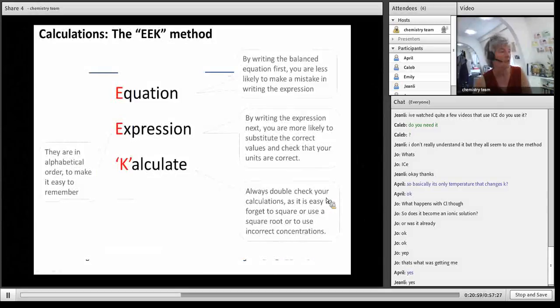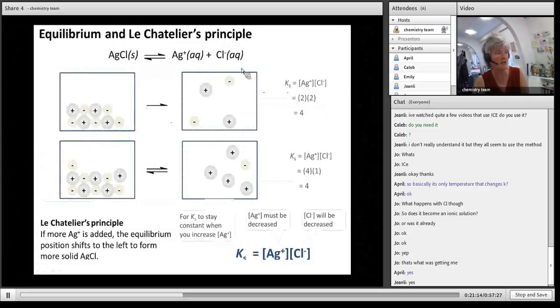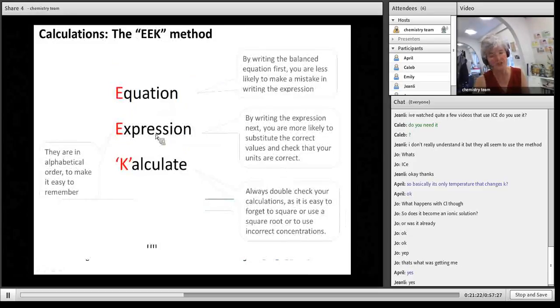Okay, so remember this EQ method, and I said it's done alphabetically, so you remember EQ, Q comes before X, so always write your equation first. In other words, that's the equation, and this is the expression down here, Ks equals. So always equation first, then expression, then calculate.